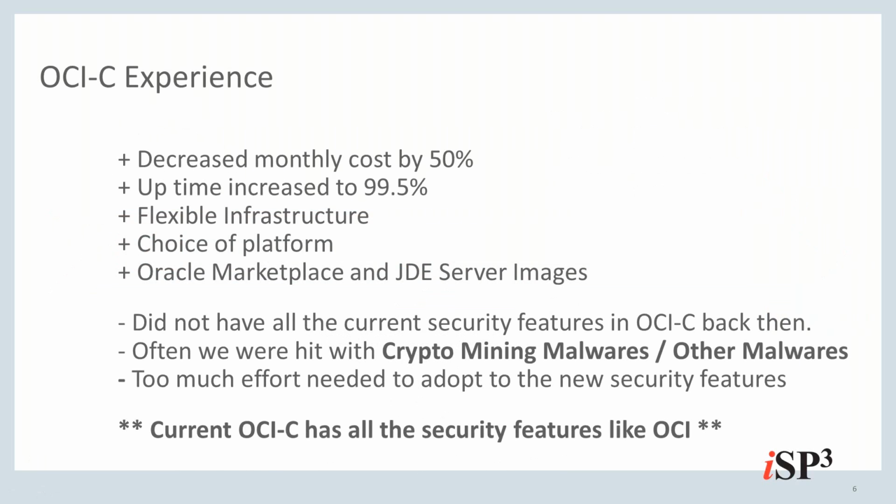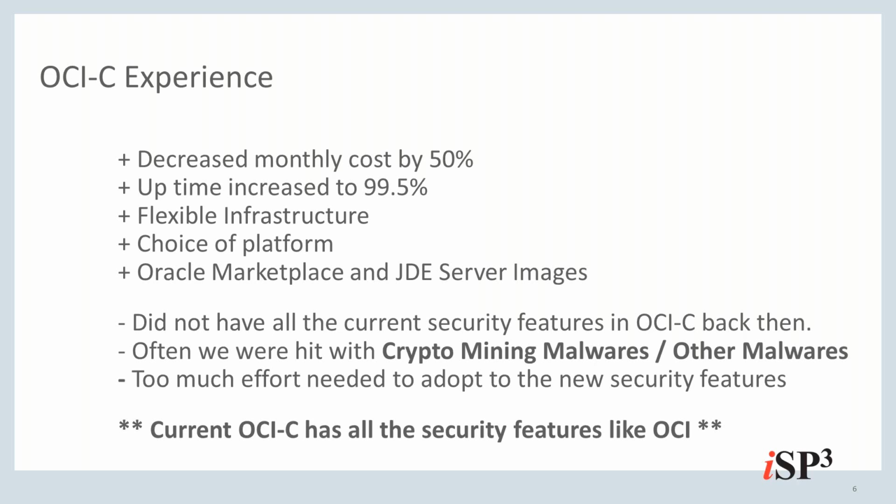Here is some of the experience when we implemented our JD Edwards instance in the cloud, especially OCIC. The biggest thing was decreasing the monthly cost. Coming from on-prem to cloud, it reduced the monthly cost by 50%. It also increased the uptime to 99.5%. And then we had a flexible infrastructure.